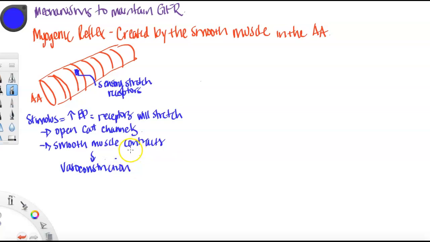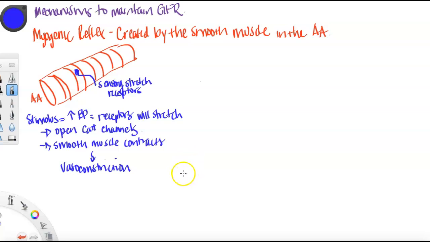So the smooth muscle is going to contract, the lumen is going to get smaller. So less blood is going to go into the glomerulus. Less blood goes into the glomerulus, that'll provide a lower pressure, and that won't increase glomerular filtration rate. It lowers the amount of blood that goes in there, so it lowers the amount of pressure to keep that glomerular filtration rate within that 180 liters.